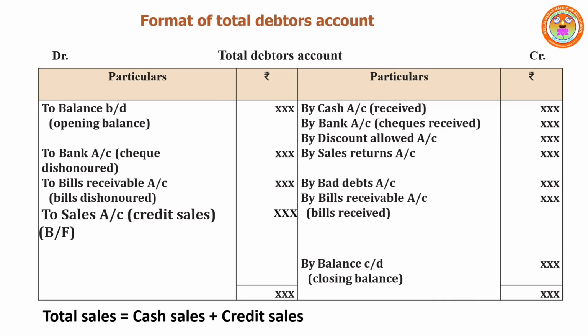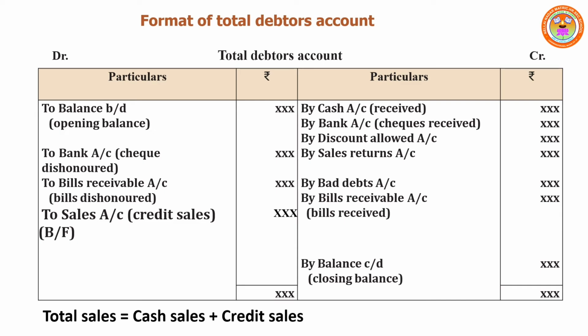Then look at the next one, format of total debtors account. So write the heading total debtors account, segregate into debit side and credit side. Both the sides we are going to use. Debit side, to balance brought down. Any account BD, CD in the sense beginning value, closing value of name of the heading.